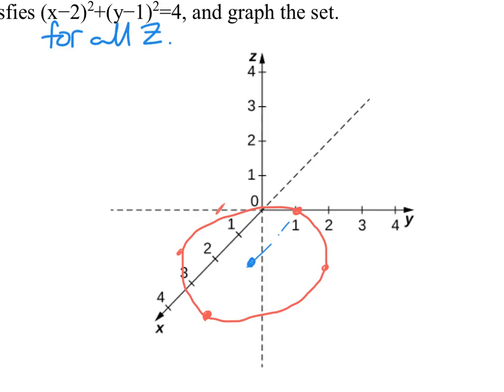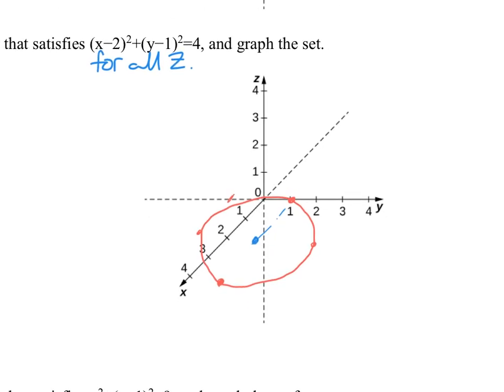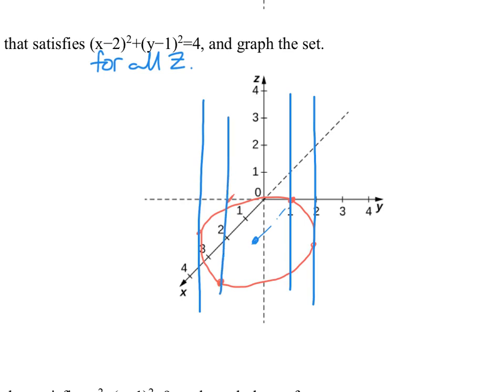What I'm going to do is draw lines parallel to the z-axis going through those points. And so I have that one, that one, and that one.